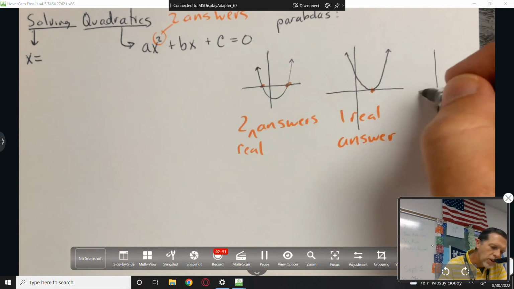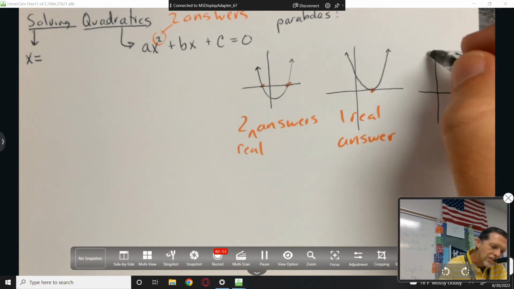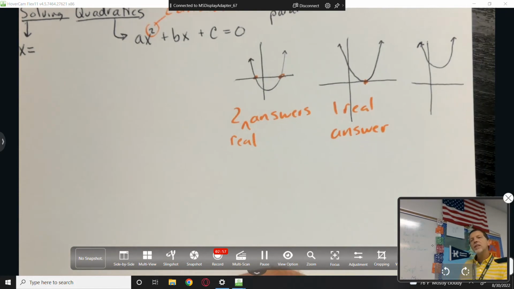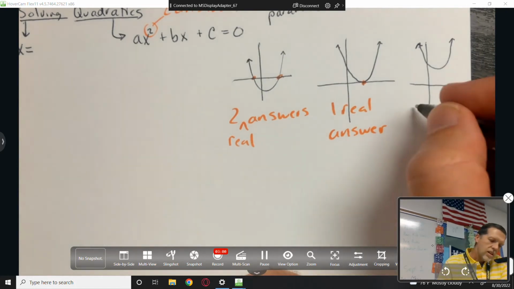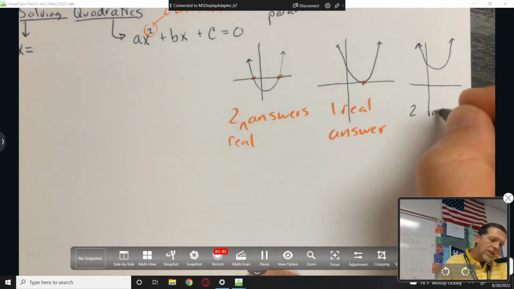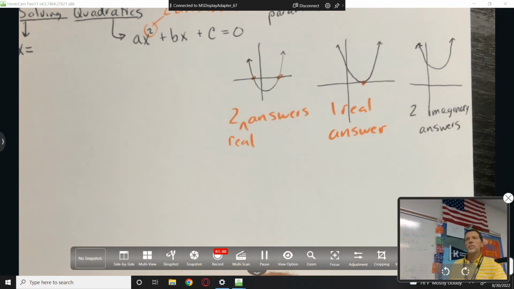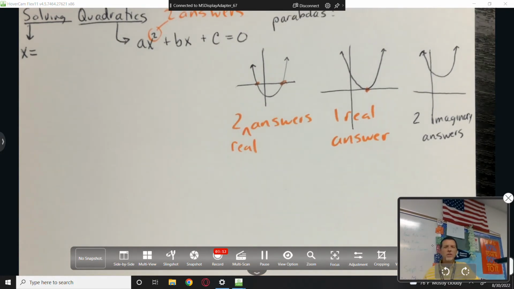But you could also have one that doesn't have any real answers. So it never crosses the x-axis. So that has two imaginary answers. That's kind of weird to think about. There's two answers, but they're not real.